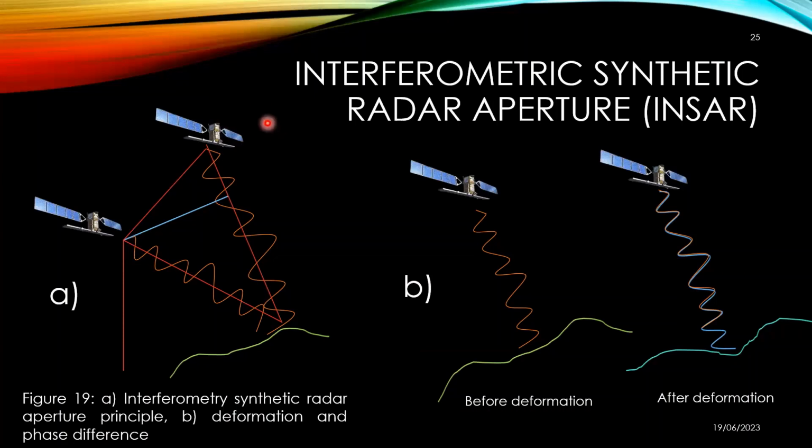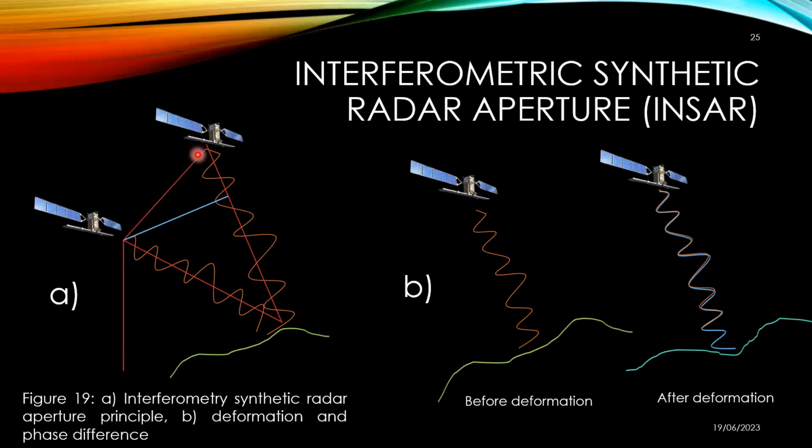But instead, we can make it synthetically. Step by step, as the radar signal source is moving, for each point it will create synthetically a big antenna.